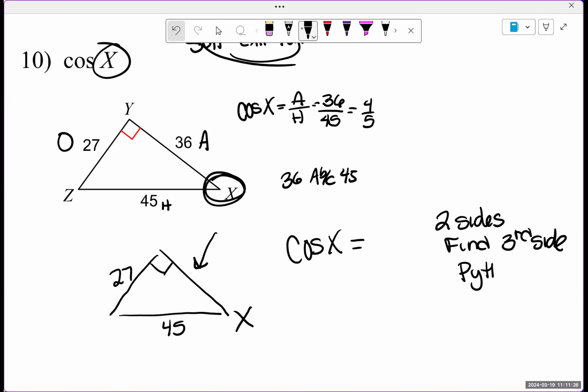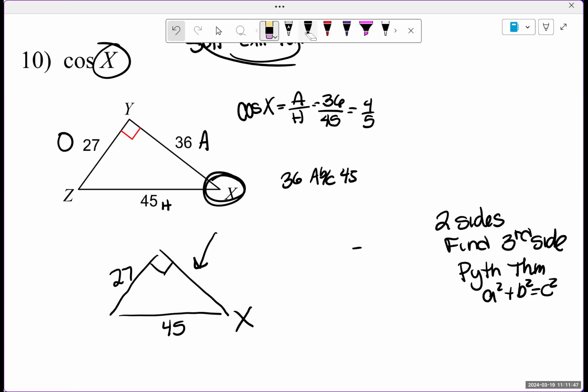Pythagorean theorem. A squared plus B squared equals C squared. So there's a possibility you might need to use Pythagorean theorem to find the third side so that you could write the trig ratio for cosine.